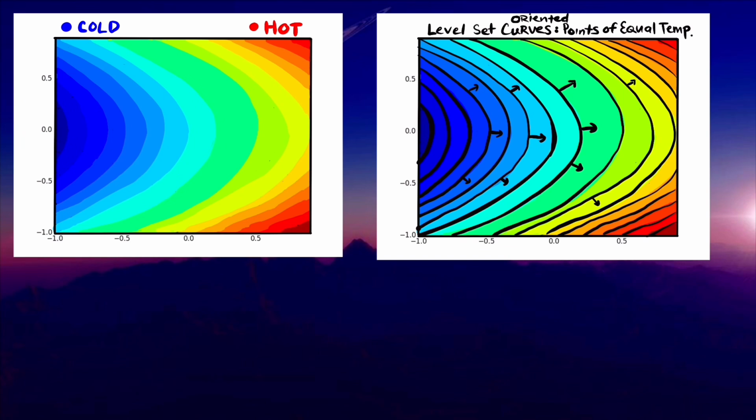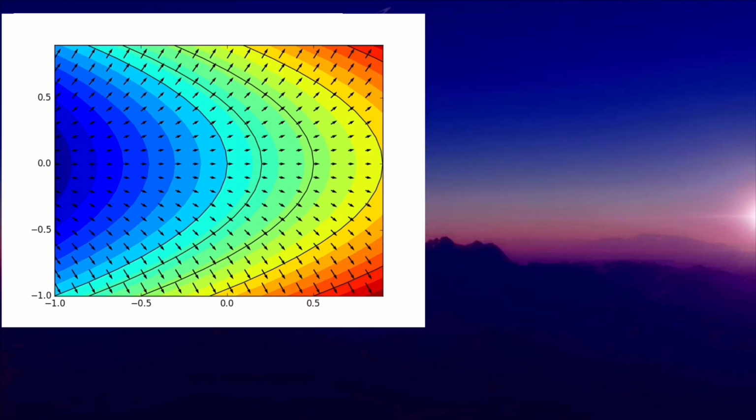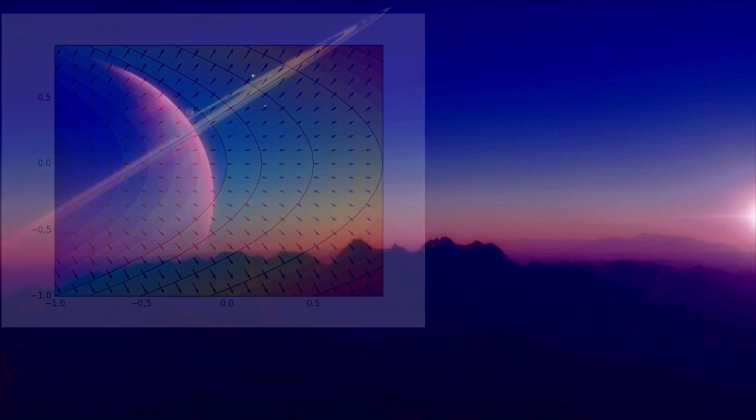And if we want to relate this to the gradient of this scalar field and overlay it with the covector field, we get this picture. And so the covector field is measuring the vector field placed on this scalar field.